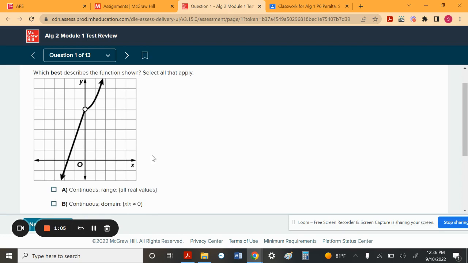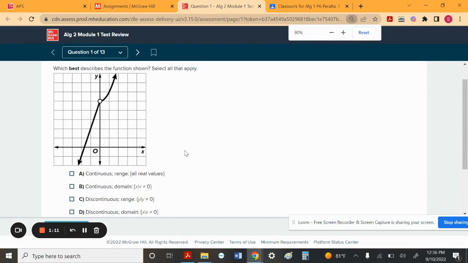But it says which best describes. I'm going to zoom out a little bit. Which best describes the function shown? So notice that we have a function that is constant up to this point, but then it stops, so it's not equal to anything at the y-axis, which happens to be 5, or 0, 5. And then it continues on from there.